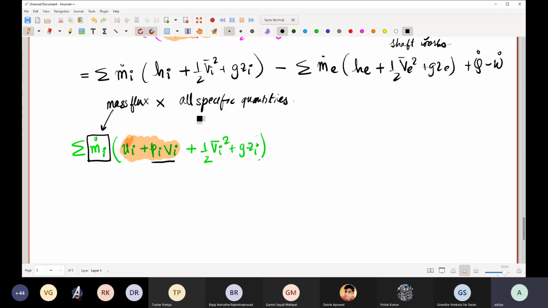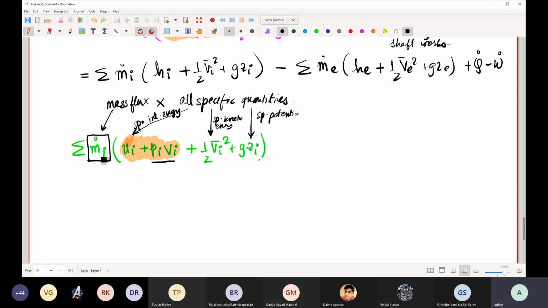What are the specific quantities that we know from common sense that the mass flux is bringing? It is bringing specific internal energy, specific kinetic energy, and it is bringing specific potential energy. When you multiply the specific quantities by the mass flux, you get the total quantity.